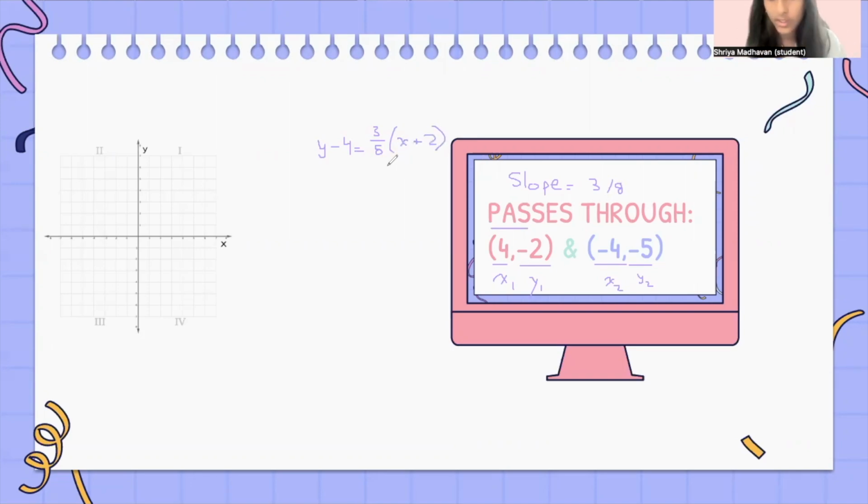And let's now convert it into slope intercept form. So y minus 4 is equal to 3/8x plus 6/8, or just 3/4. And now let's add 4 to both sides.